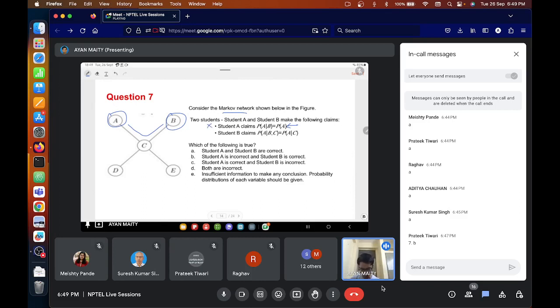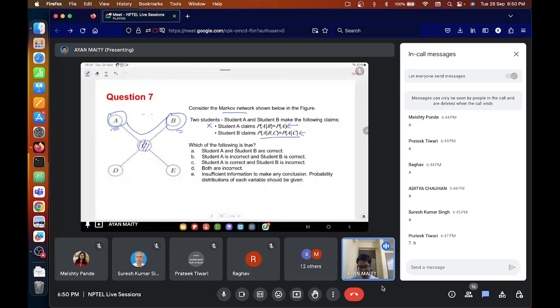Second claim is probability of A given B and C equals probability of A given C. So this says that we have to check for A and B whether these two are conditionally independent given C. So there is this path from A to B via C, and C is given.